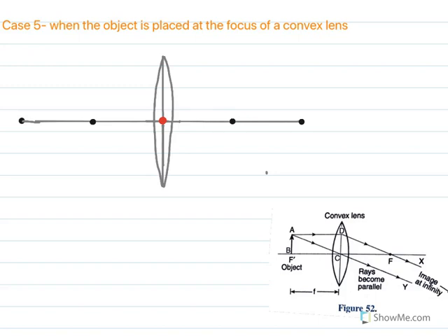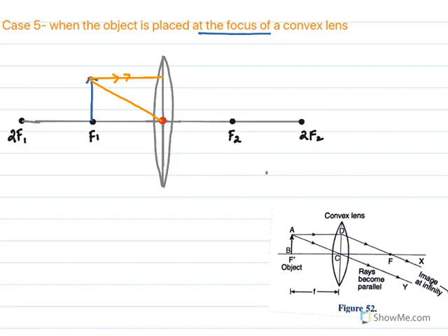Now the next case, we are going to keep it at the focus. So here we have 2f1, f1, f2, 2f2, all equidistant, and we will keep the object now at the focus. Here we have two rays, one going parallel and the other one passing through the optical center.